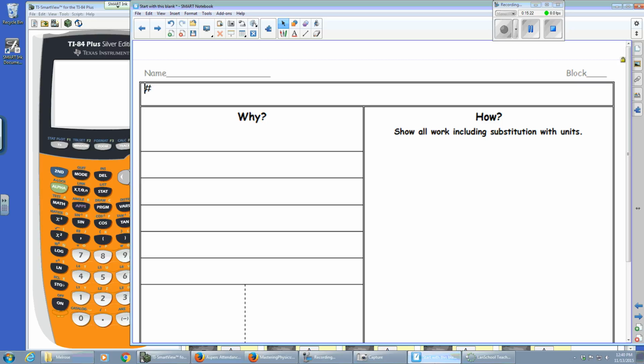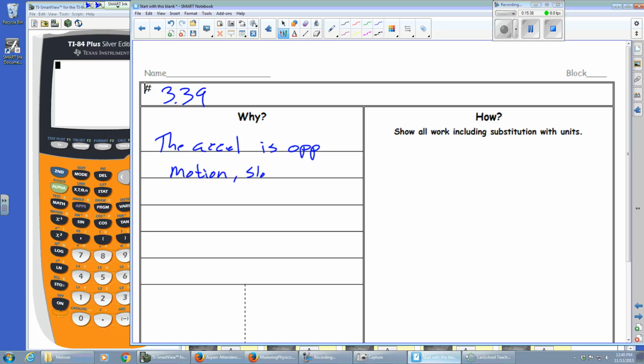One change, I would say, would be the acceleration is opposite motion. Slowing down. What's her final velocity? It's 0, yep. She stopped.